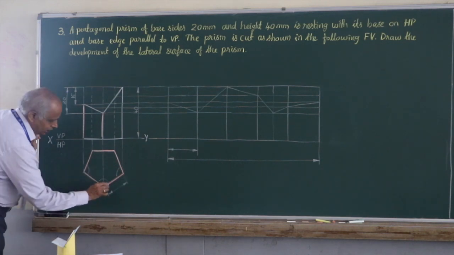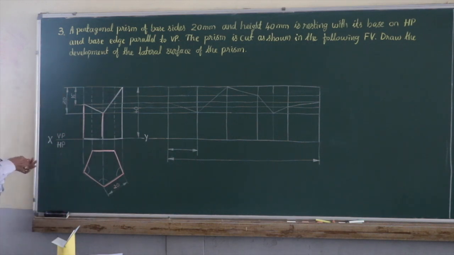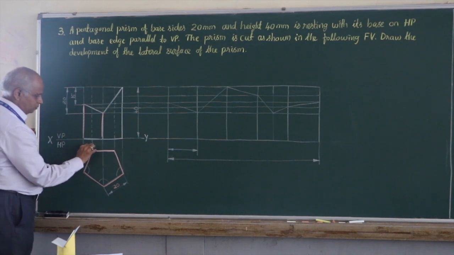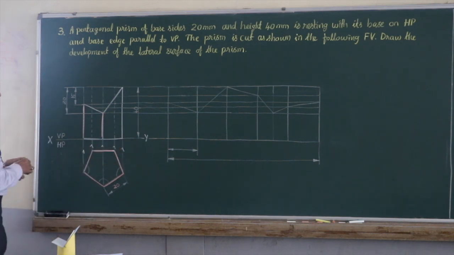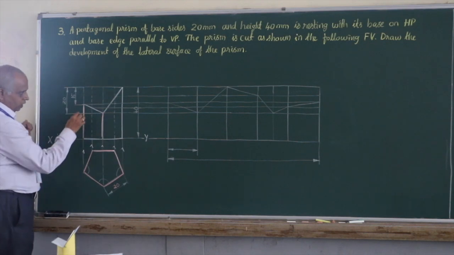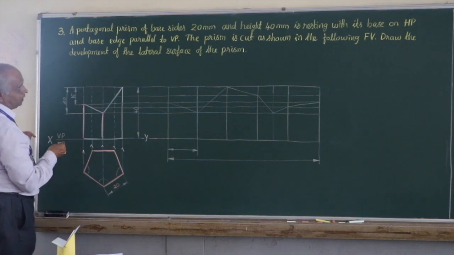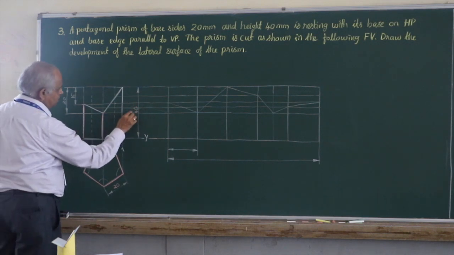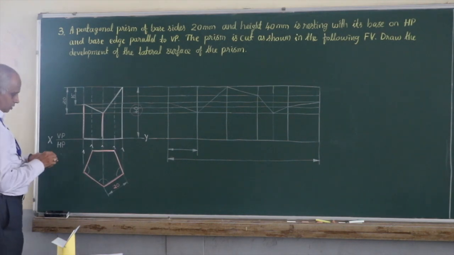Next, dimension the value of the pentagon side, which is 20 mm, and when you take the projector up, remember, you are going to get this view. But here, what you need to look at is the height of the prism is 40 mm. So this is 40 mm here. So take 40 mm from here.